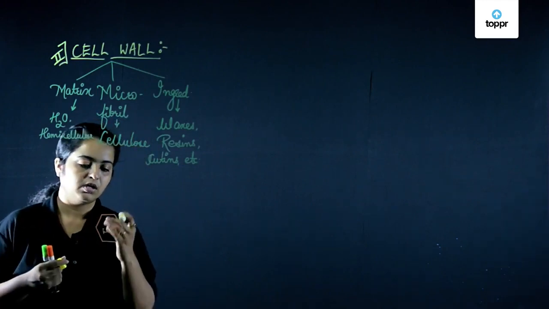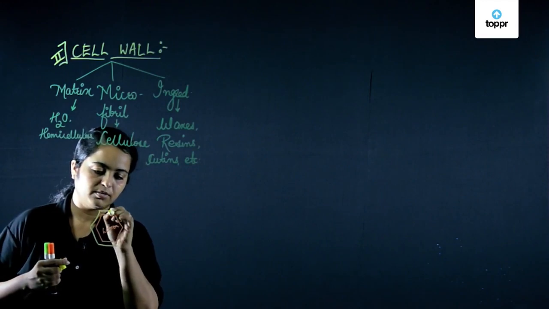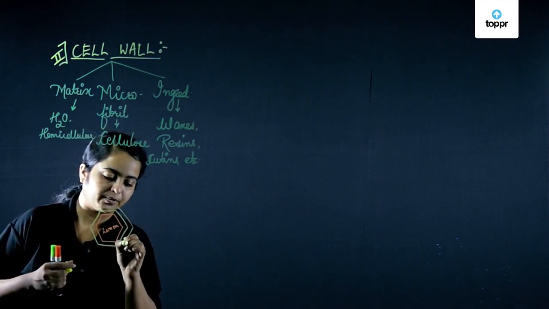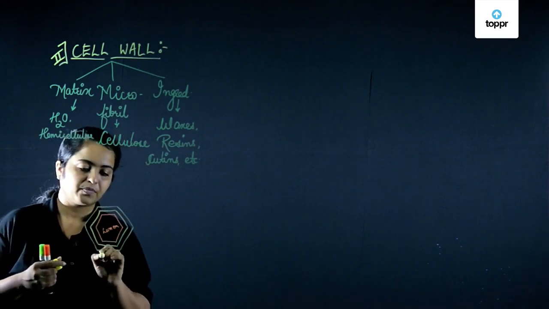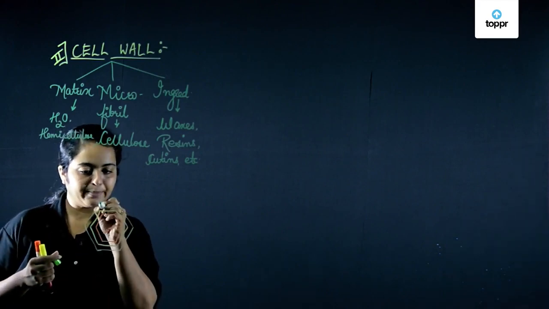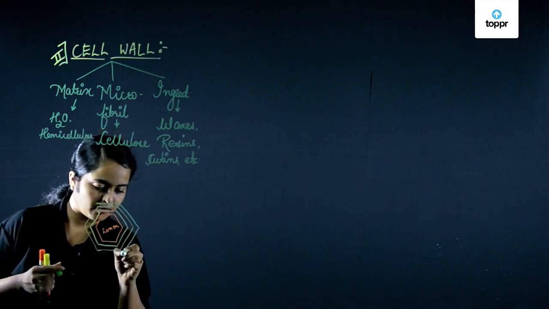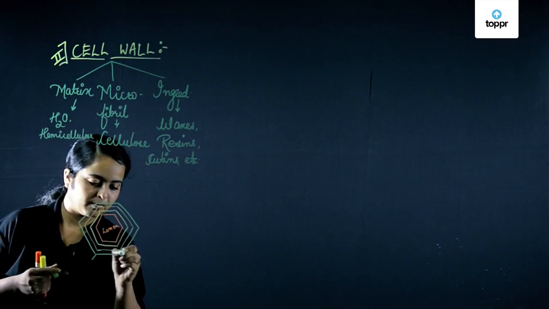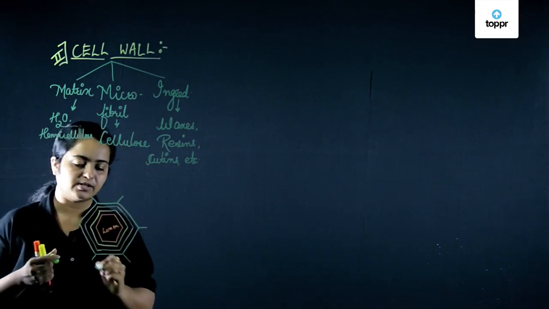So now, there is one layer around it and then there is a second layer around it. Lastly, we find another important layer, which connects it with the other cells.